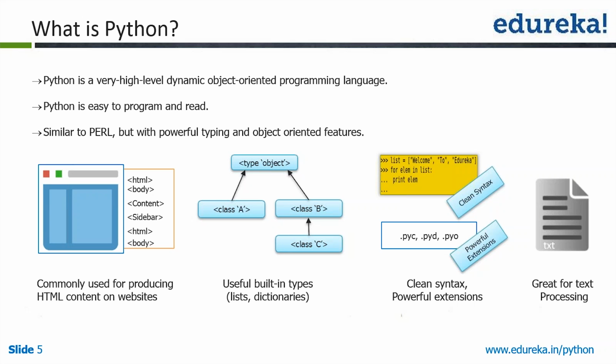When you write Python code, what you would write in Java for several lines spanning across pages, the same could be achieved in Python in just a mere fraction of those lines. So this means lesser code, lesser pain to maintain that code, and lesser pain in debugging that code. It supports several extensions.